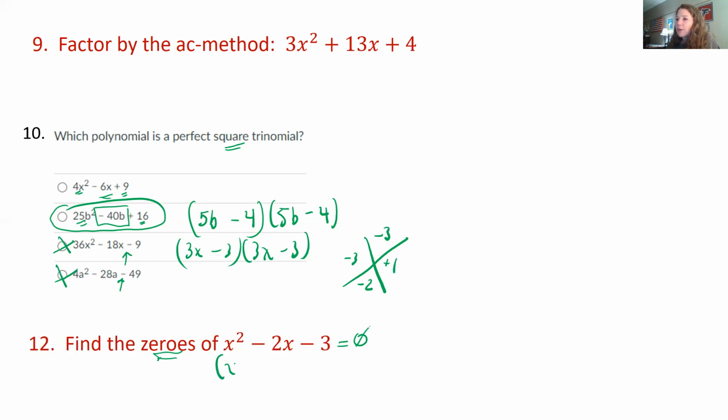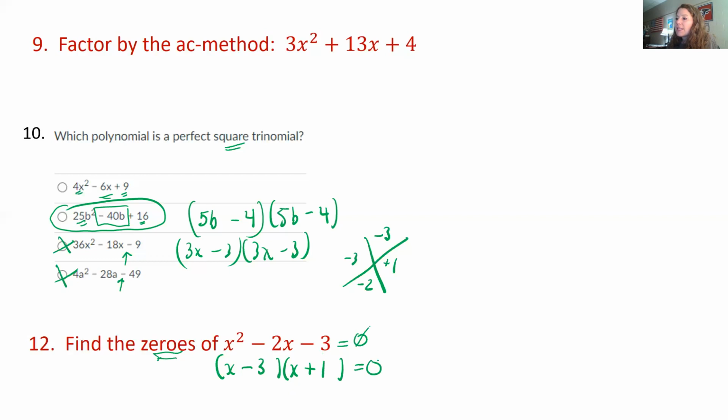The square root of x squared is x. We're going to use the factors -3 and +1. If we FOIL this, we would get x squared plus 1 minus 3x, which is -2x, and then -3 times +1 is -3.